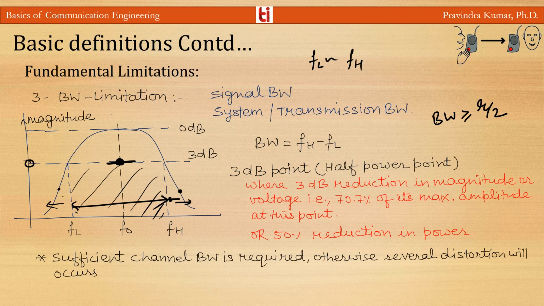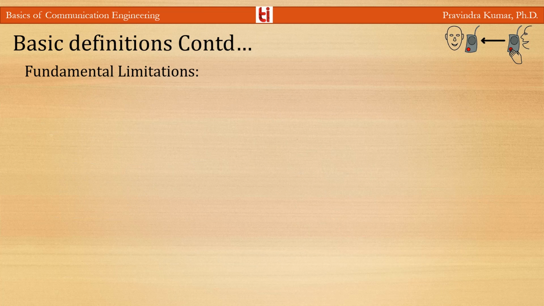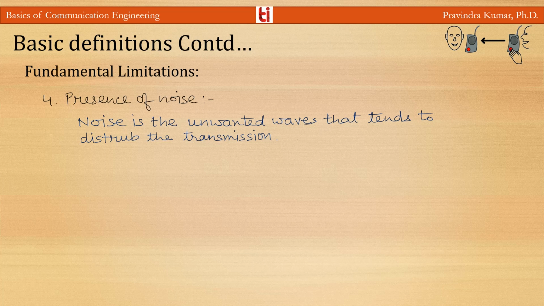Another important point to keep in mind is the unavoidable presence of noise in communication systems. Noise refers to unwanted waves that tend to disturb the transmission and processing of the message signal in a communication system.